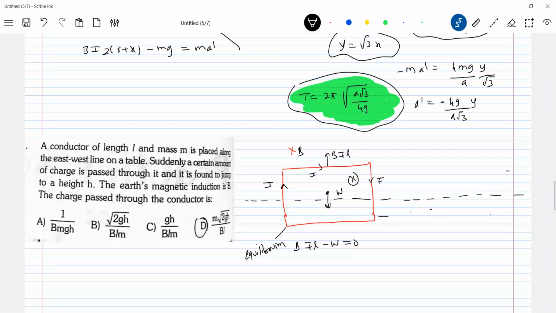If I push it slightly and release, will it execute SHM? Definitely the answer is no. Any reason? Because there is no restoring force, nothing is there. And it will attain equilibrium again.